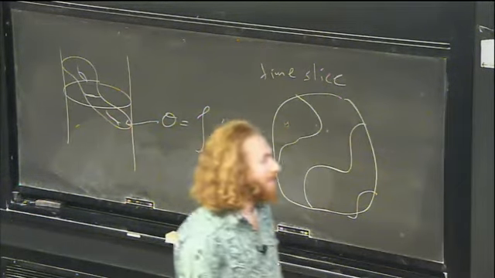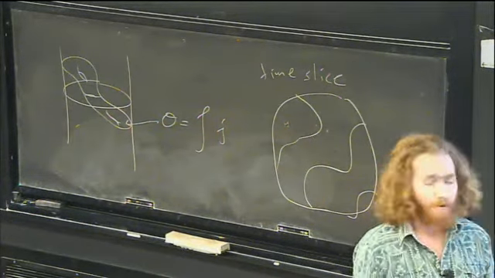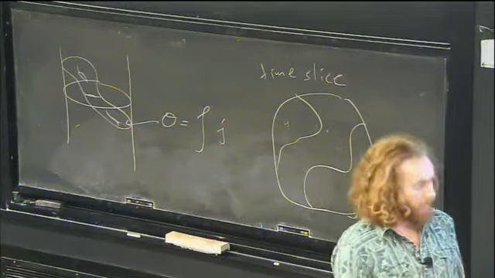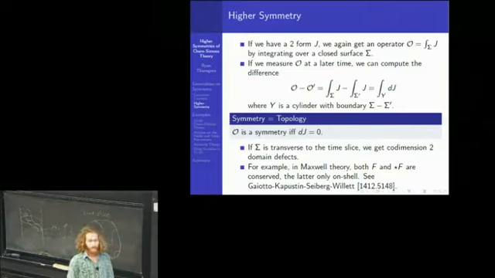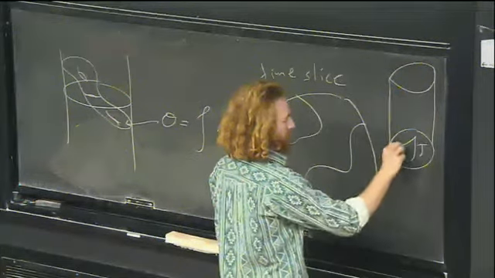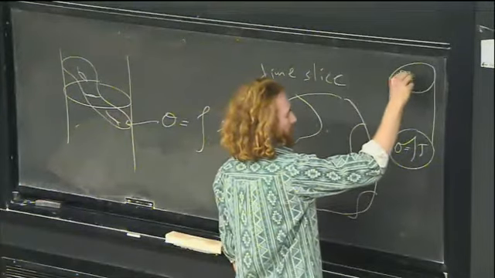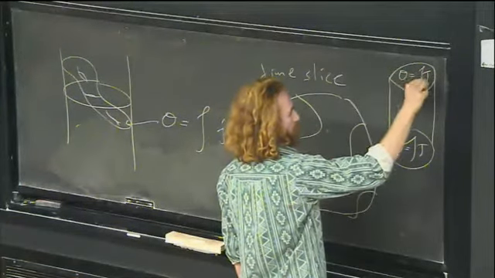So why stop here? Suppose we have a 2 form. We can also form an operator by integrating this 2 form over any surface. And if we measure this operator at a later time, so you can sort of imagine this picture where we integrate j here, get O, and we integrate j here to get O prime.